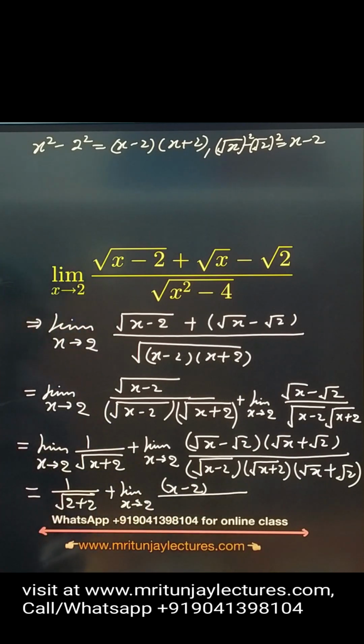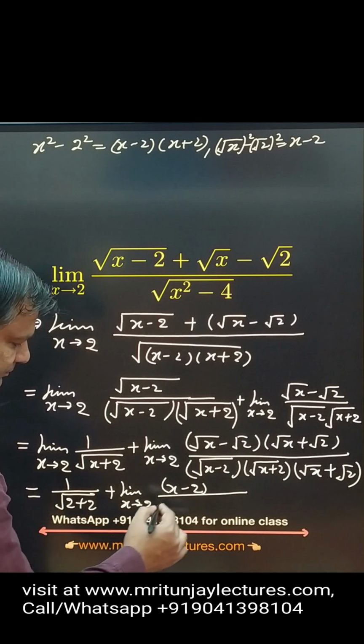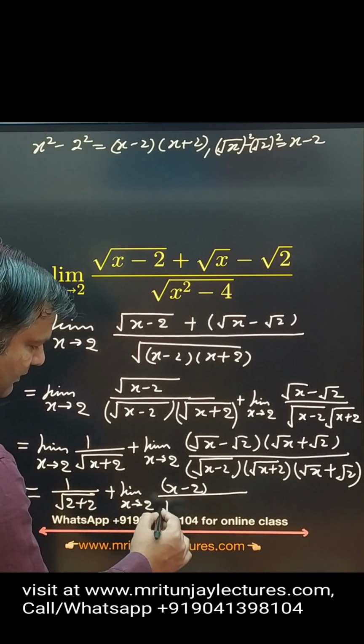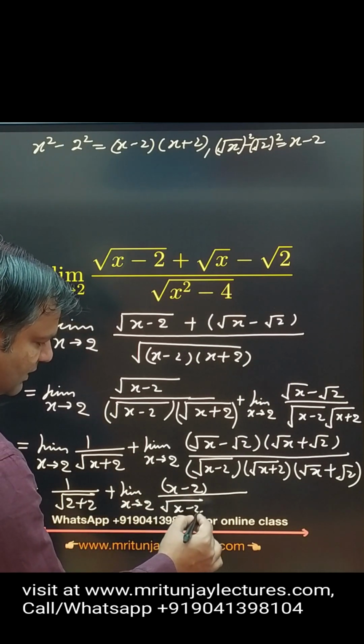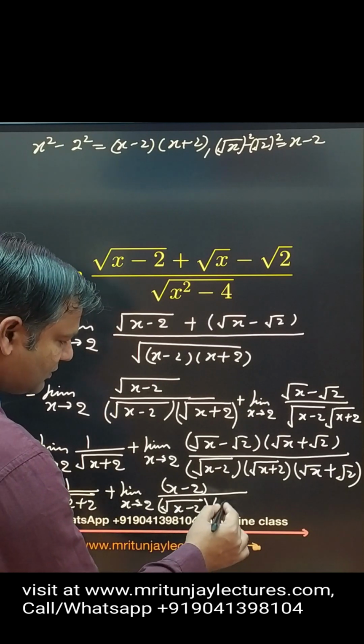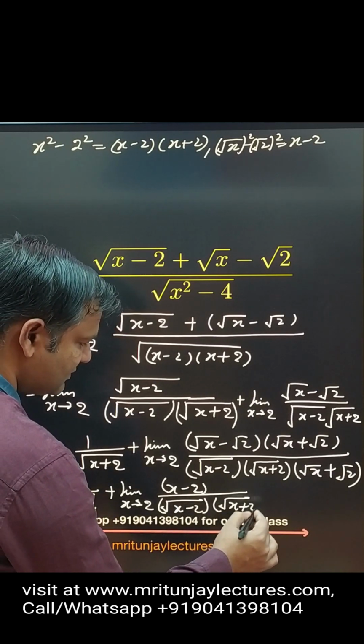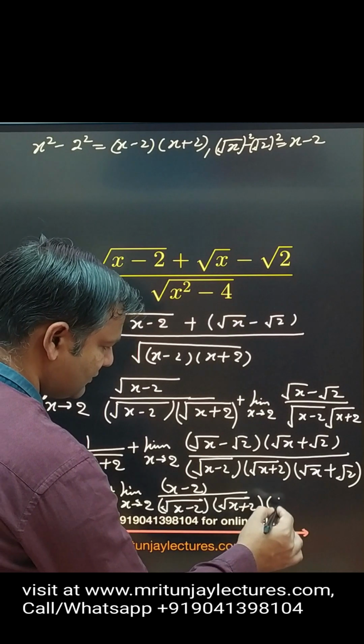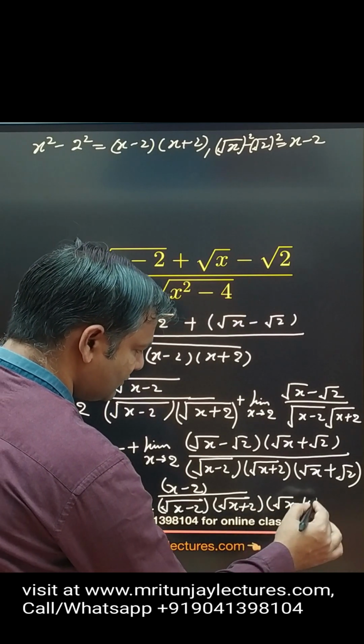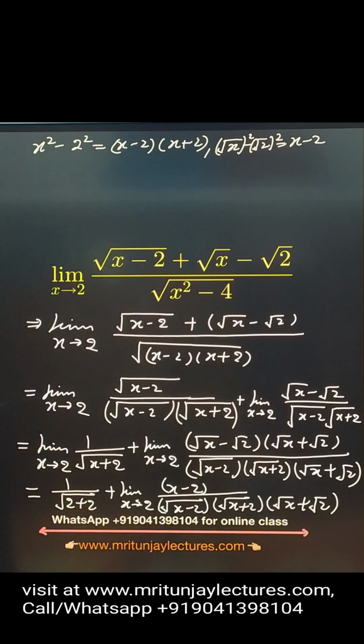So limit x tends to 2, upper part we got x minus 2, divided by how much? Under root x minus 2 into under root x plus 2 into root x plus root 2. Now what about that value?